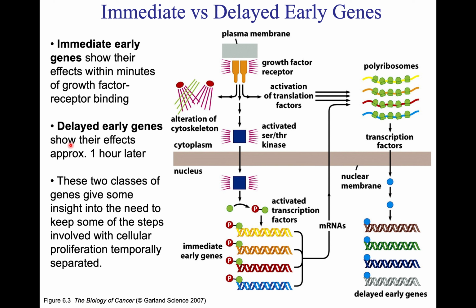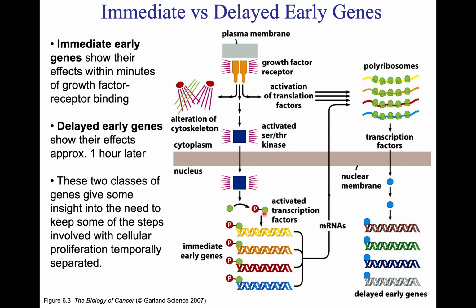Sometimes you'll see these two rounds of transcription factors being called immediate early genes or delayed early genes, or sometimes they'll be called early and late genes, but it's the same idea. And so what's really happening here is you have this signaling pathway that we've already talked about, leading to the activation of a transcription factor in the nucleus.